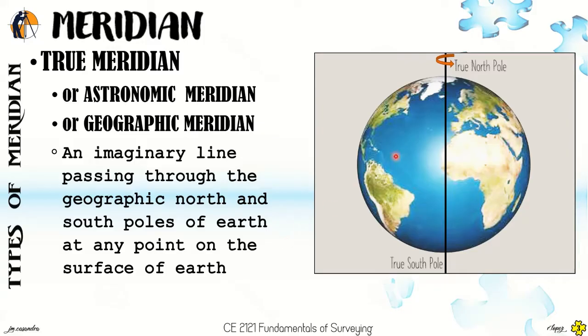If we have here a line that defines the axis of rotation of Earth, this is your south pole, this is your north pole. Any line passing through your north pole and your south pole is your true meridian or your geographic meridian.